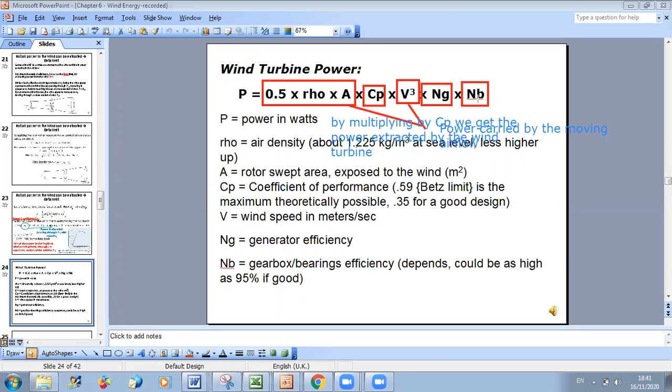So this is why we should multiply by all of these efficiencies to get at the end the total power used. When we multiply by the generator efficiency and the gearbox and bearings efficiency, we get the used power, the useful produced power.